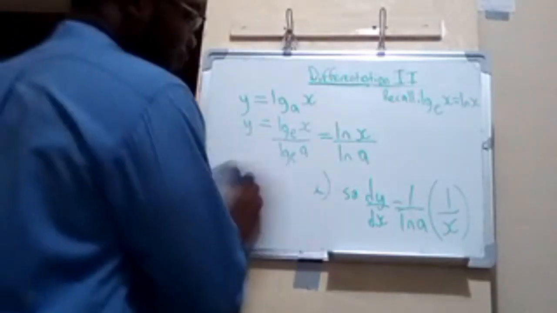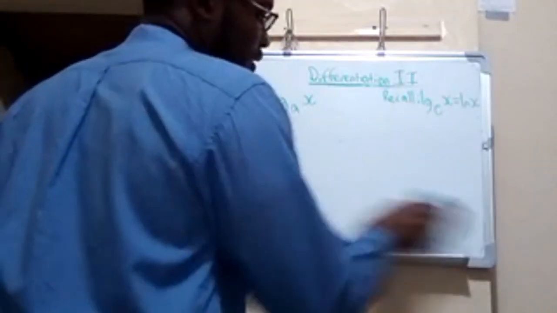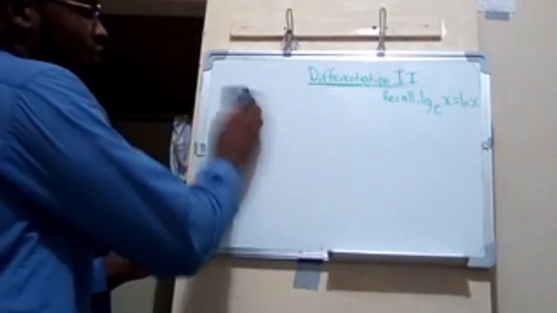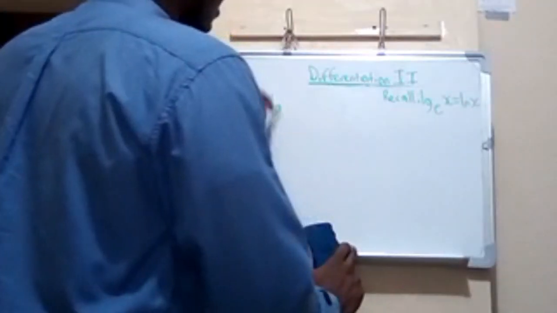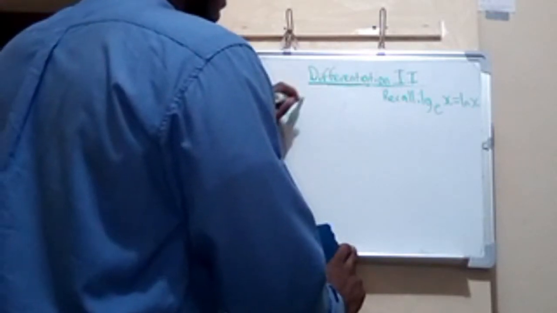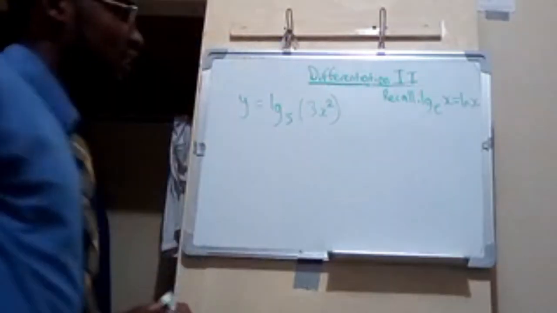So let's use an example. Let's say I ask you, given that y is equal to log to base 5 of 3x squared, differentiate this function.